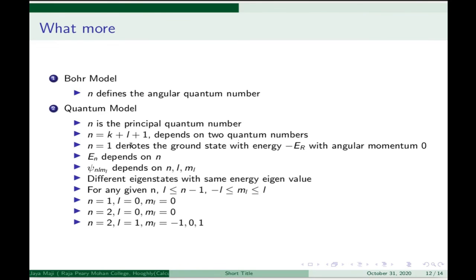And so now we can say that if n equals 1, then that denotes the ground state with energy minus ER and with 0 angular momentum.